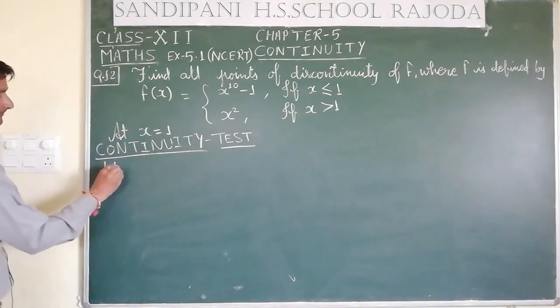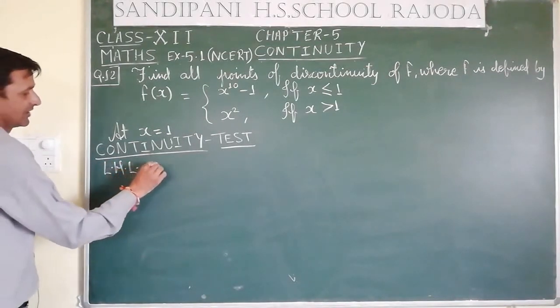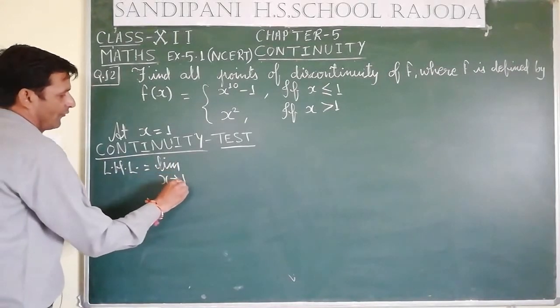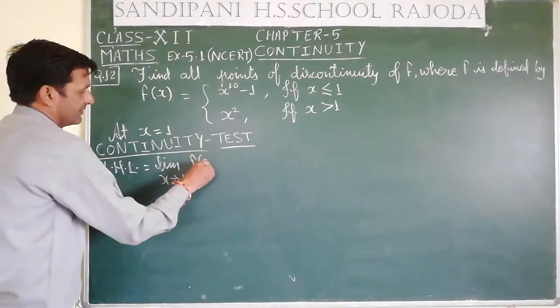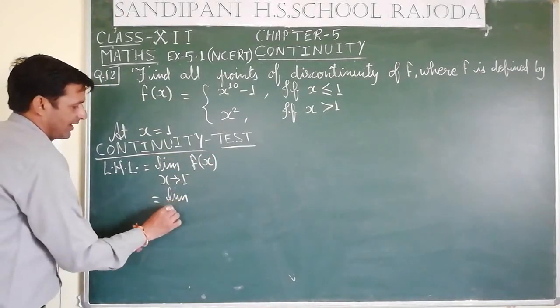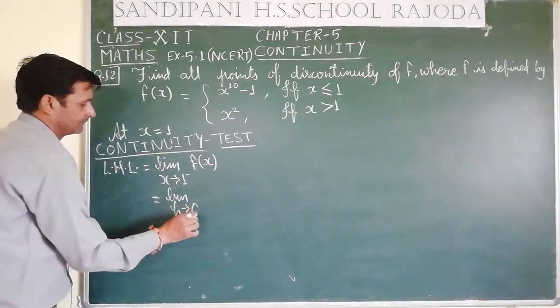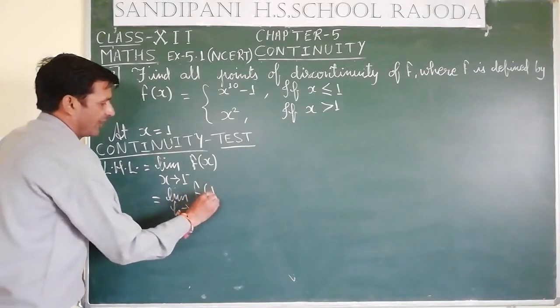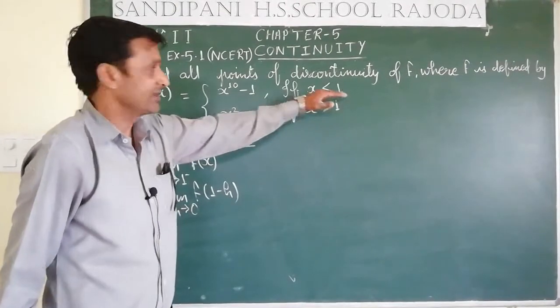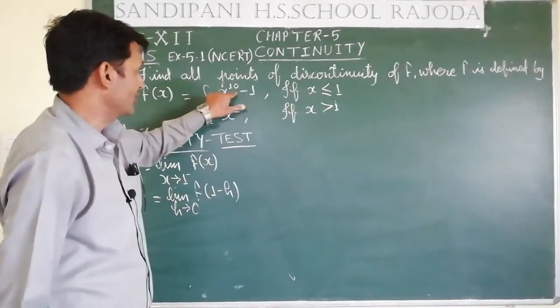LHL is equal to limit x tends to 1 minus f of x. So it will be equal to limit h tends to 0 f of 1 minus h. For less than 1, it is defined by x raised to the power 10 minus 1.